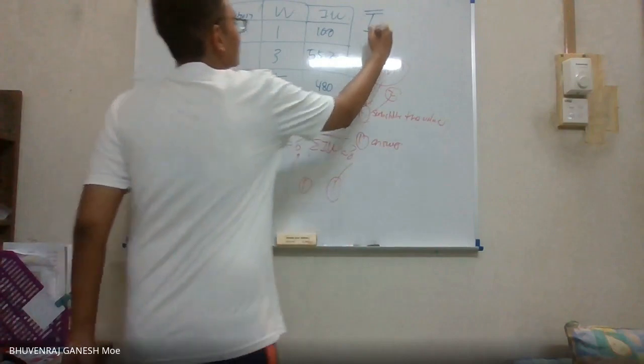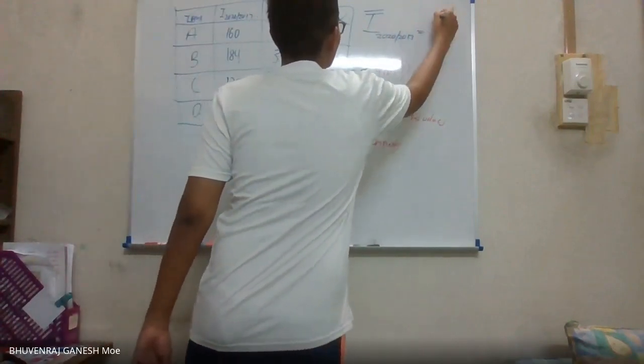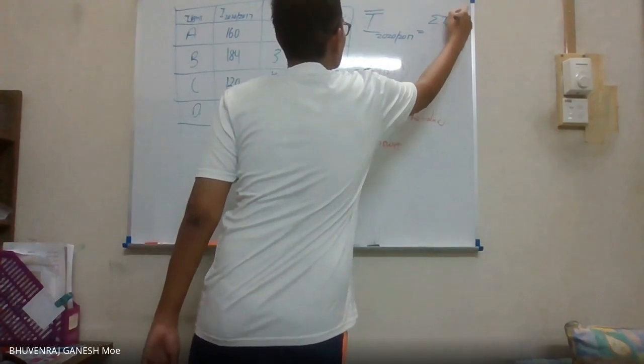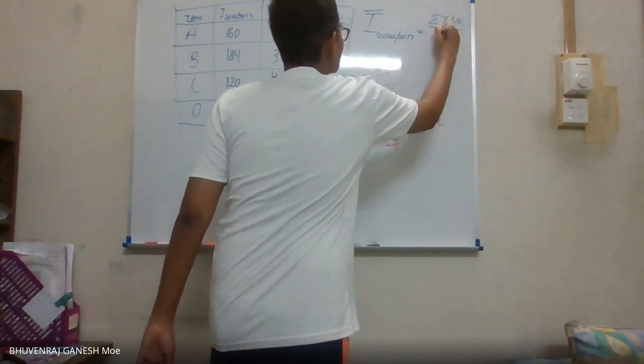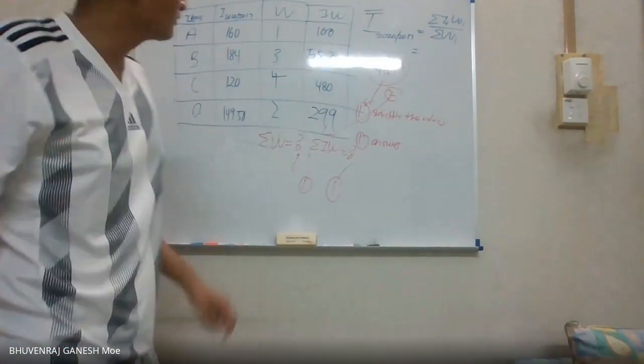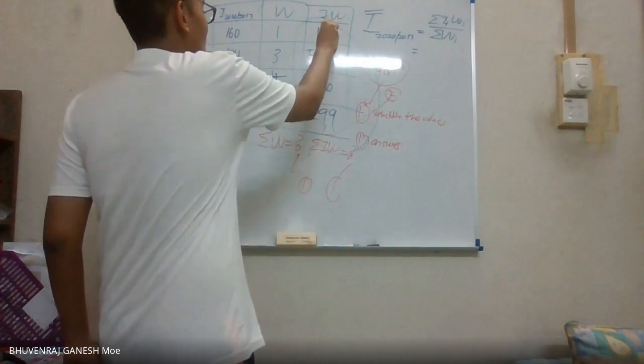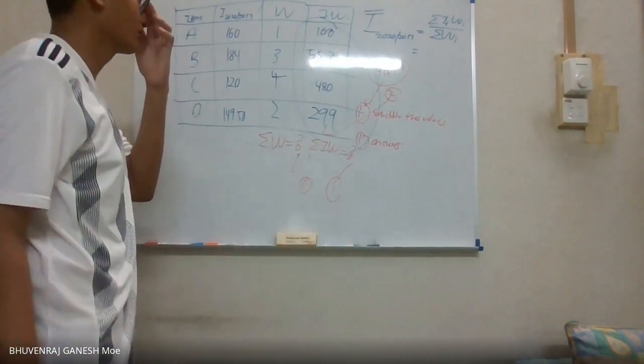So now the composite index of 2020 base 2017, we'll do this one. Now you can plus these for me: 160, 552, 480, and 299.